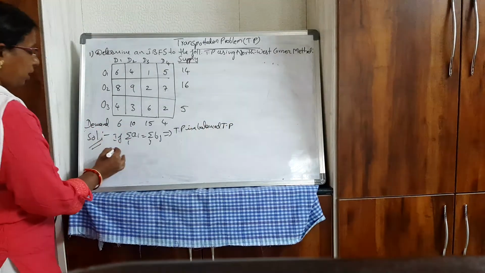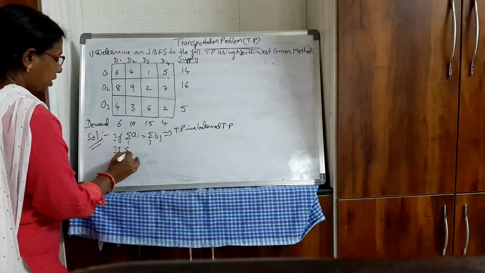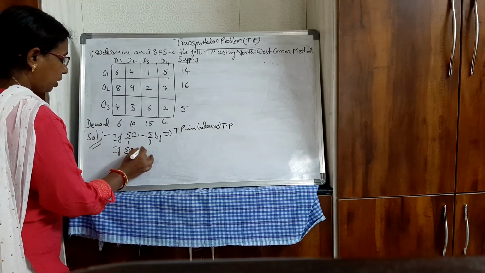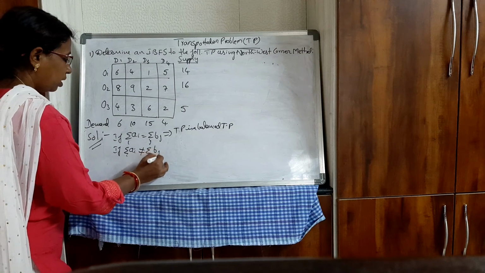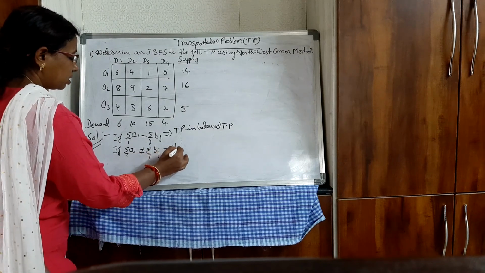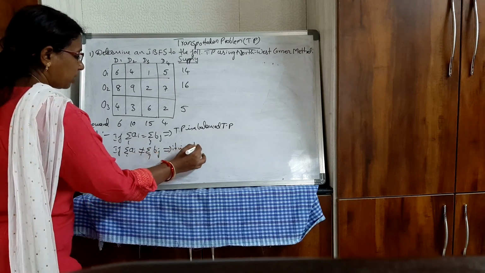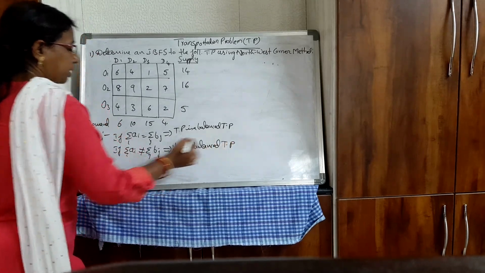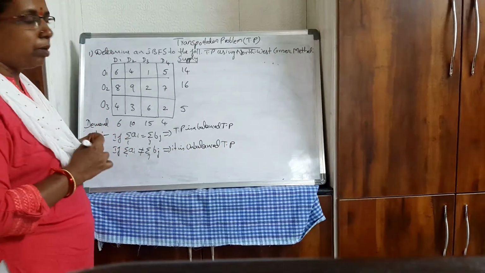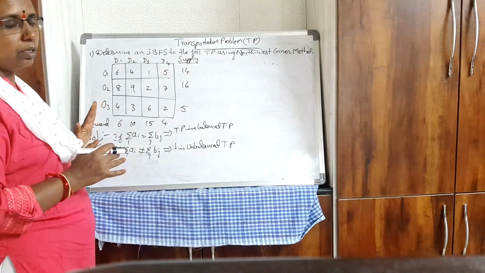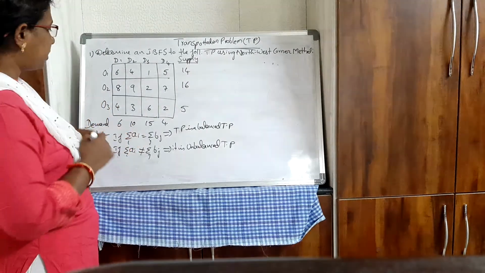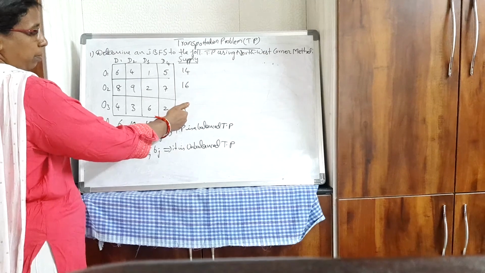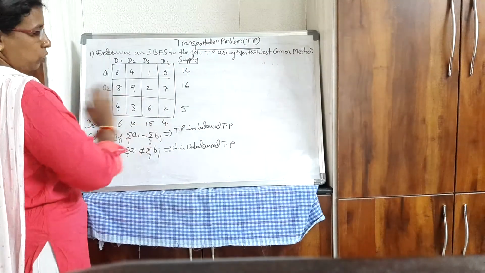If summation Ai is not equal to summation Bj, then it is an unbalanced transportation problem. If it is unbalanced, you have to make it balanced. The total of supply and the total of demand should be equal.